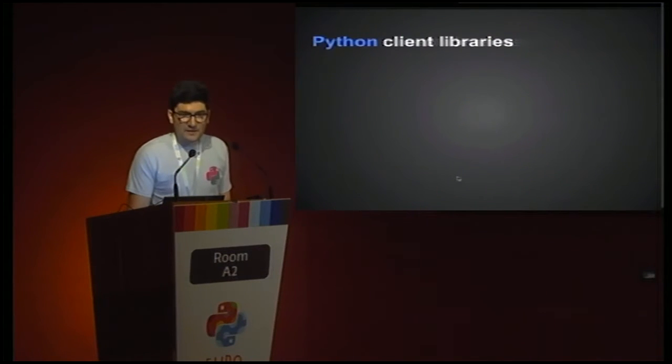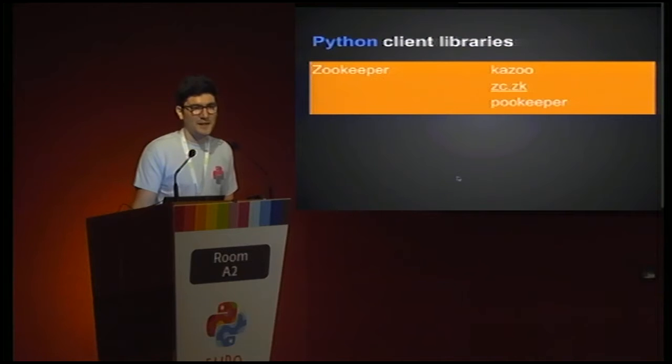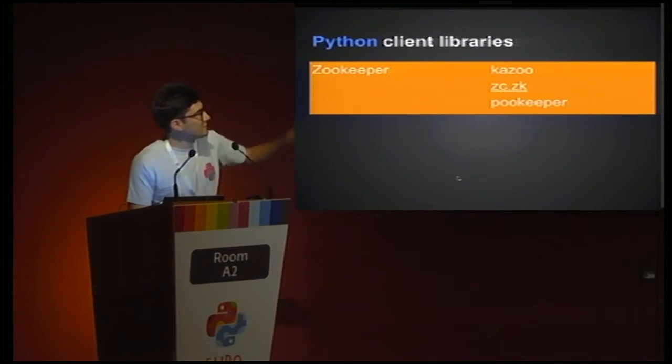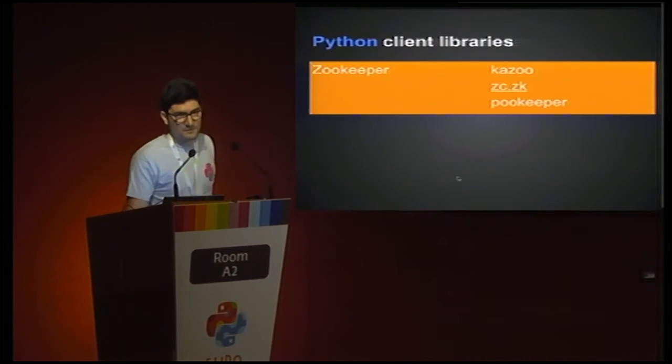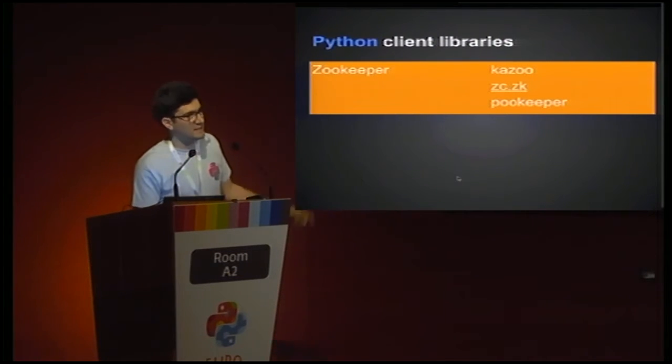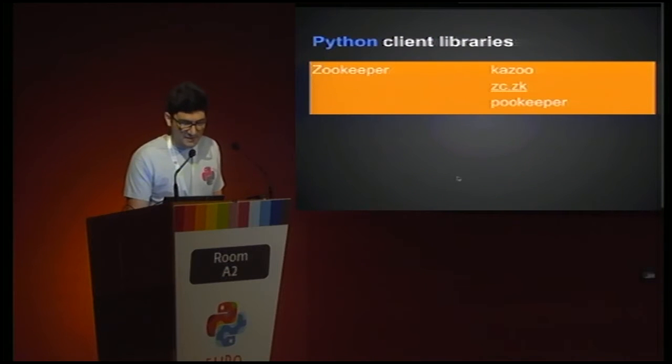Okay, now let's see the Python client libraries to talk to each of those technologies. The first one for Zookeeper is Kazoo, ZCZK, and yeah, I know. I'm sorry about this. We can be a very creative community, I know. We'll use ZCZK, which underneath uses Kazoo. So you can see ZCZK as a service discovery-oriented wrapper of Kazoo. So it's pretty handy.